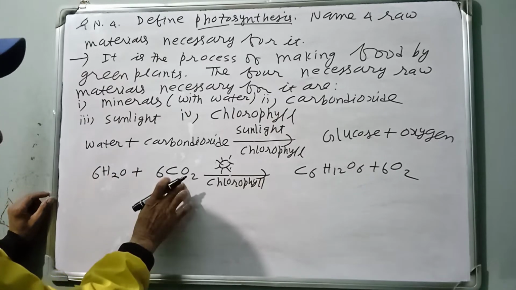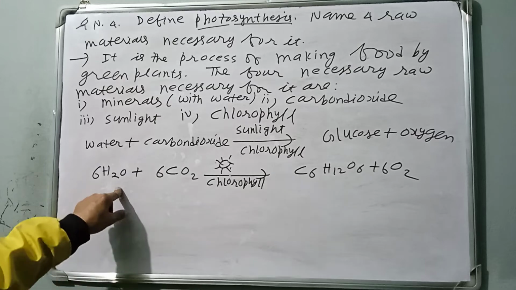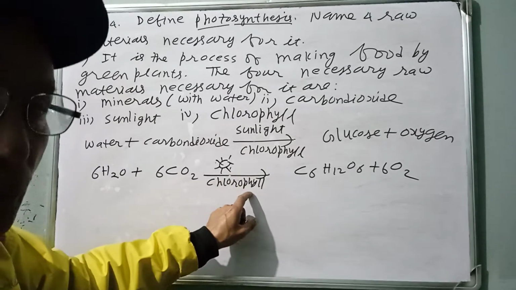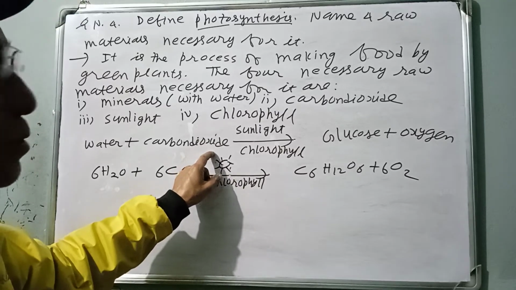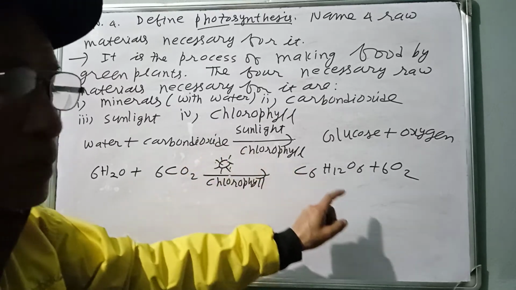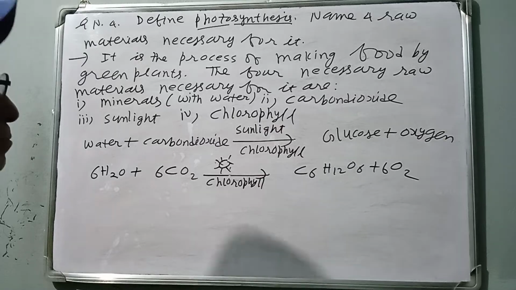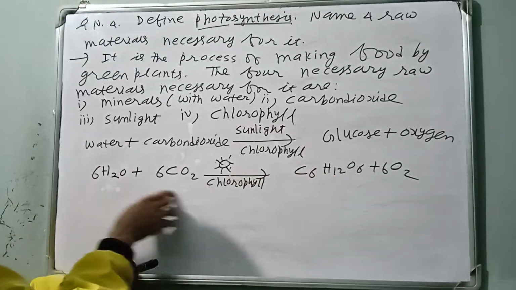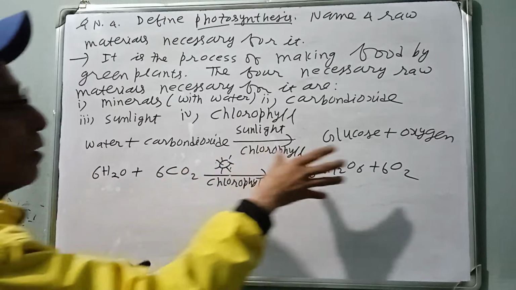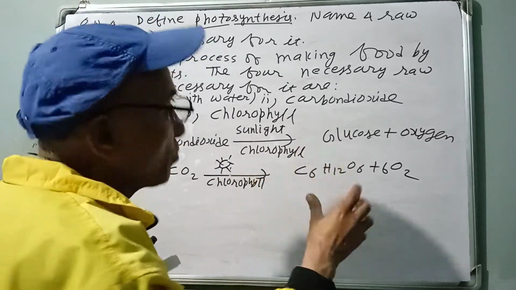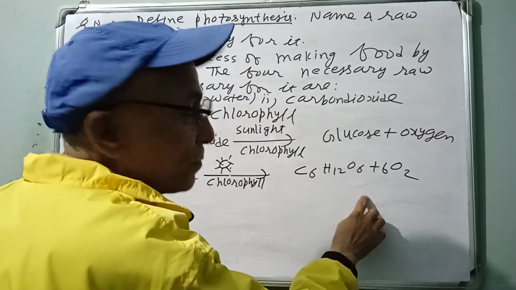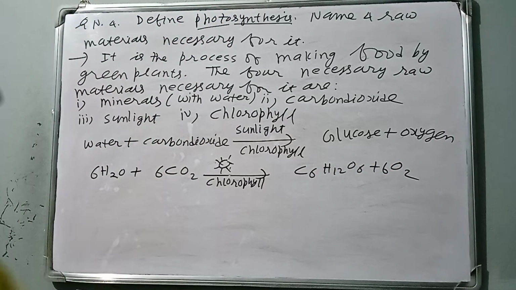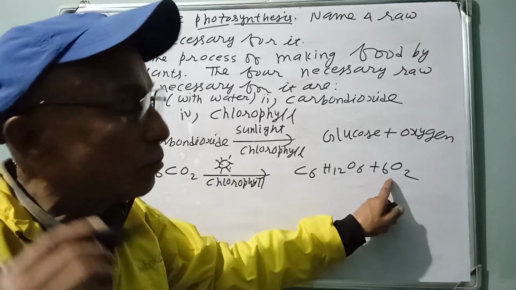First raw material, water and minerals; carbon dioxide is necessary, chlorophyll, green plant, and sunlight is also necessary; artificial light is not needed. Glucose C6H12O6. From very simple molecules, green plants make complex molecules of glucose, an organic compound, and oxygen is given out, without which we cannot live even 1 minute.